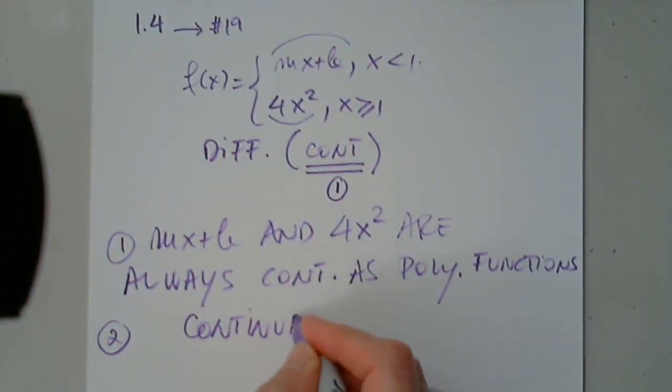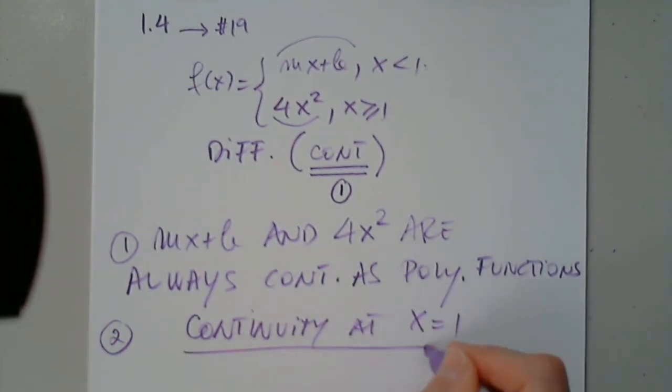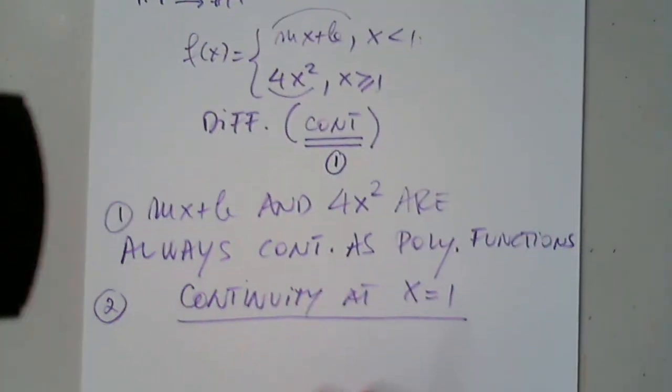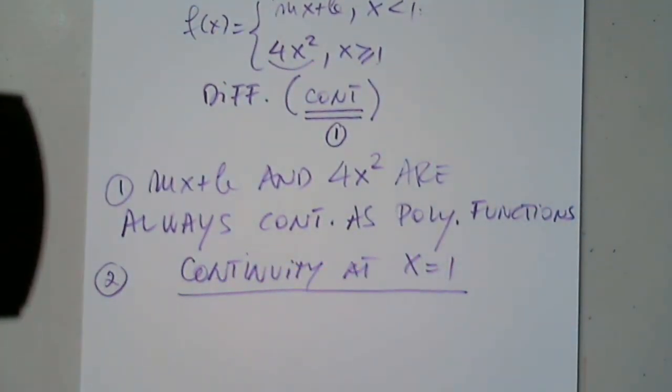Continuity at x equals 1. Can anyone refresh our memory on the definition of continuity at a point? What do I have to write? Continuity at a point. I'm plugging in my device because it's running out of juice.